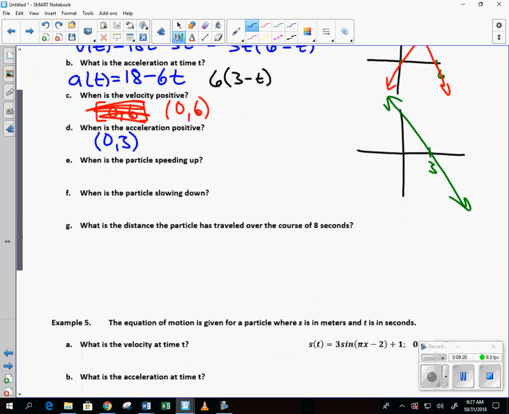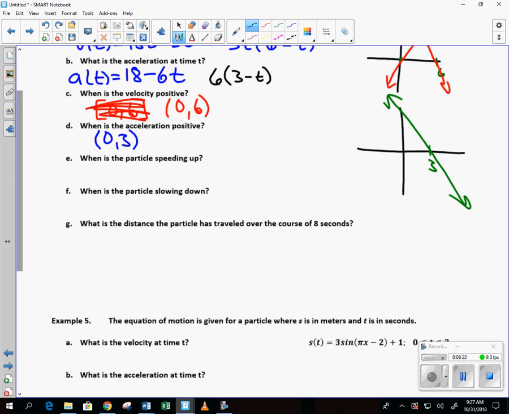So let's answer the question. When is the particle speeding up? I'm simply going to look at a number line, okay? And as I look from 0 to 3 to 6 to infinity, I'll use red for velocity, and I'll use A for acceleration, okay?